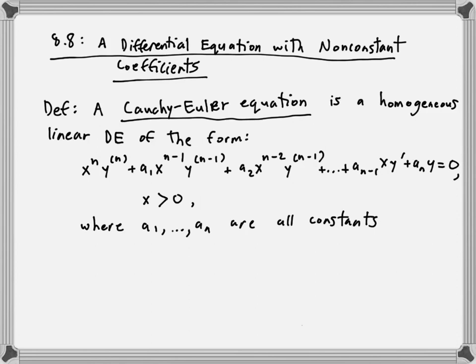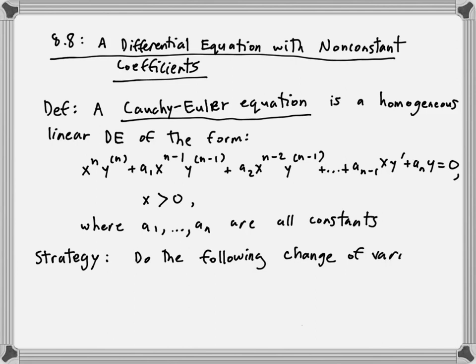Now, the strategy. Our strategy is going to be to do a special change of variables, but it will not be obvious what the result of this change of variables will be. So we will do the following. The change of variables we're going to do is let x be e to the z.